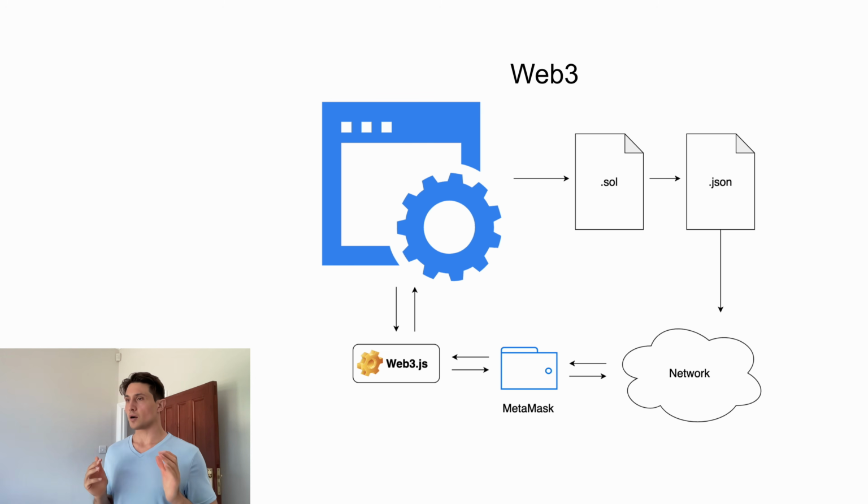Although some networks don't use Solidity, for example, Cardano, they have their own programming language, a lot of networks are picking Solidity because it's hard enough to attract developers to start building on their network, but asking them to learn a new programming language is going to make that even harder. So they want their developers' skills to be as transferable as possible.